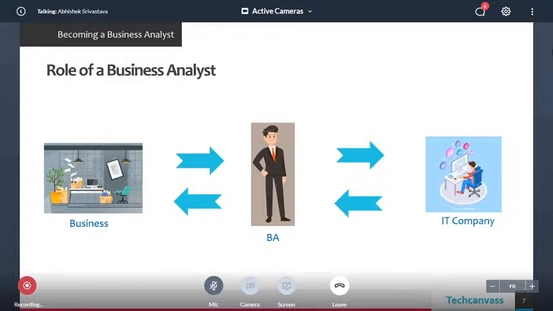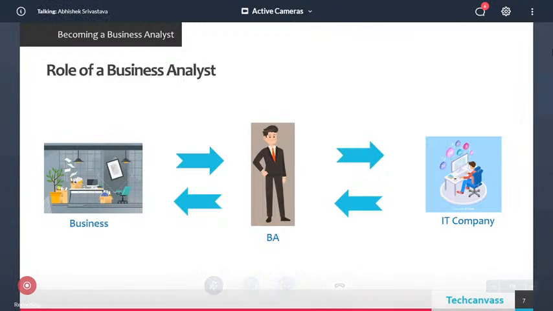But that is not good enough for a developer to create software. Developers need more information and more details about how things work. It is the responsibility of a business analyst to discuss with the customer so that the requirements can be detailed out in a format which the developers can use to develop the software.